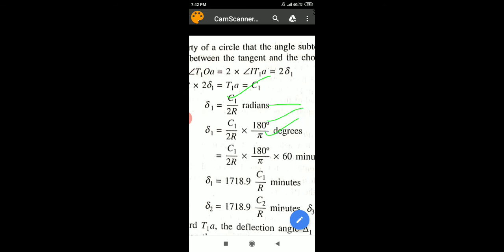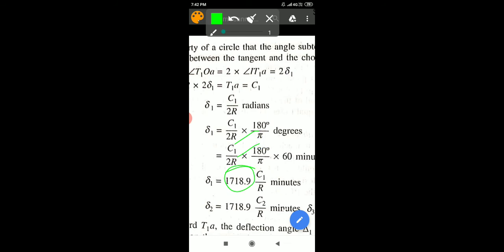And also it is converted into minutes. After simplifying the terms, only C1 and R remain.